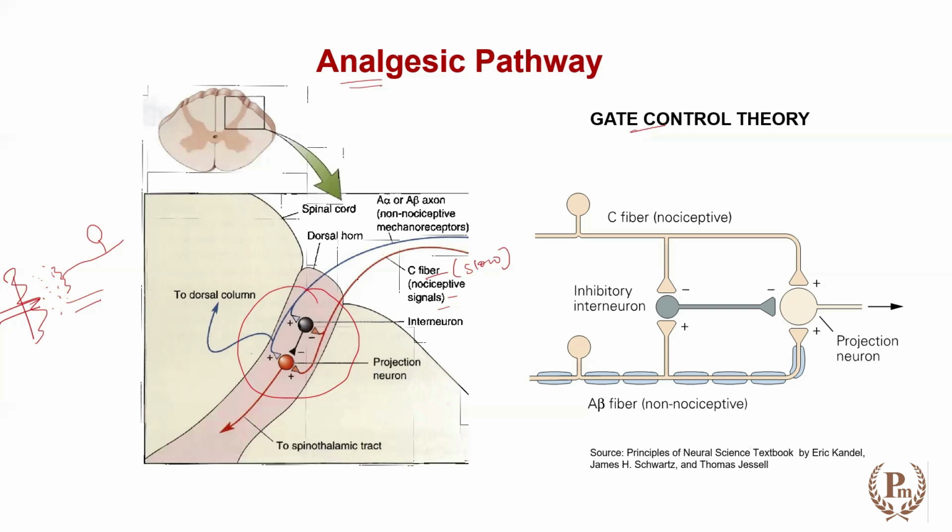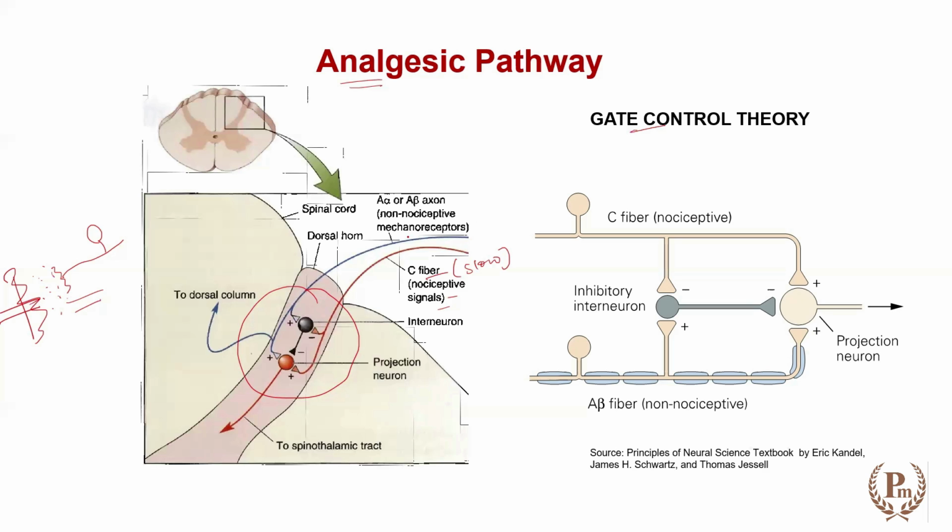For that, we have to understand certain things. What the gate control theory says is that when you are applying a non-noxious stimulus, like rubbing that area, or moving your hand over that area, or just consoling that person, what exactly are you doing?